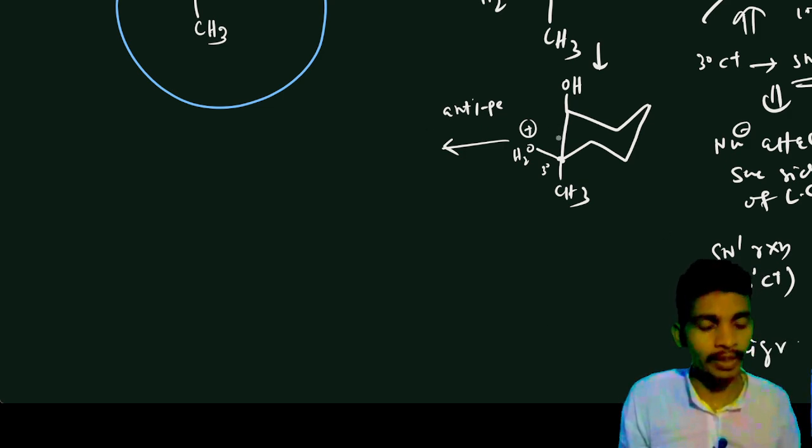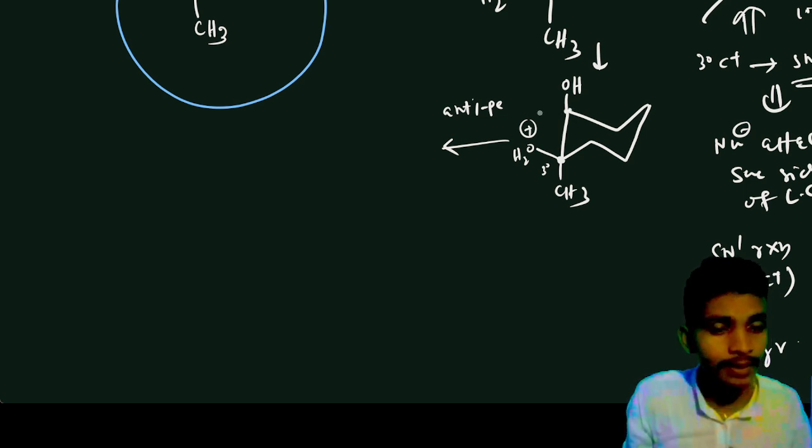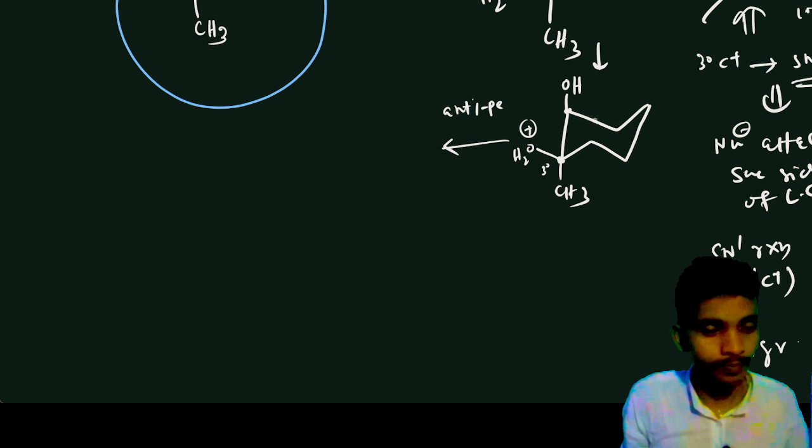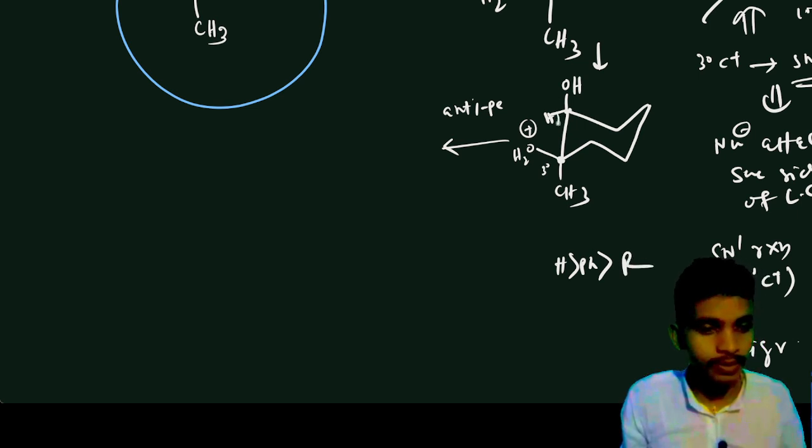So now our migratory aptitude should be looked at. Okay, so here something will shift. Which will shift? Here we have hydrogen. So first will be hydrogen, then phenyl, then alkyl group. So this will shift.